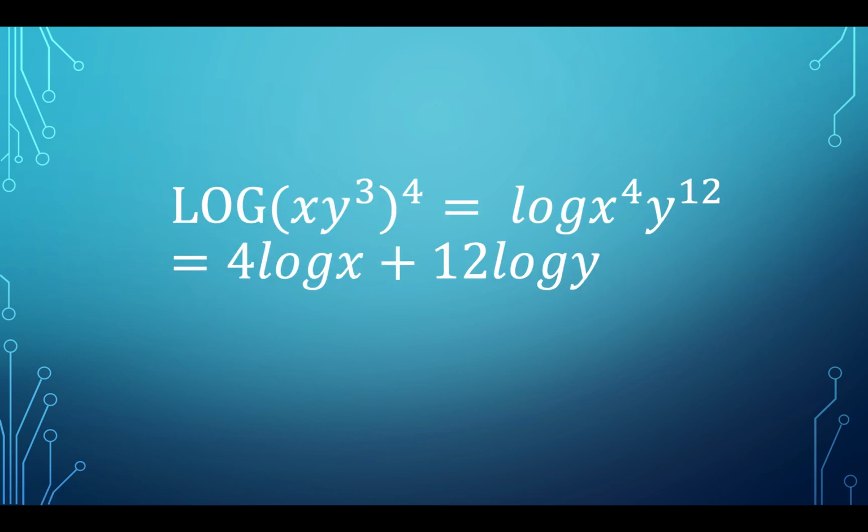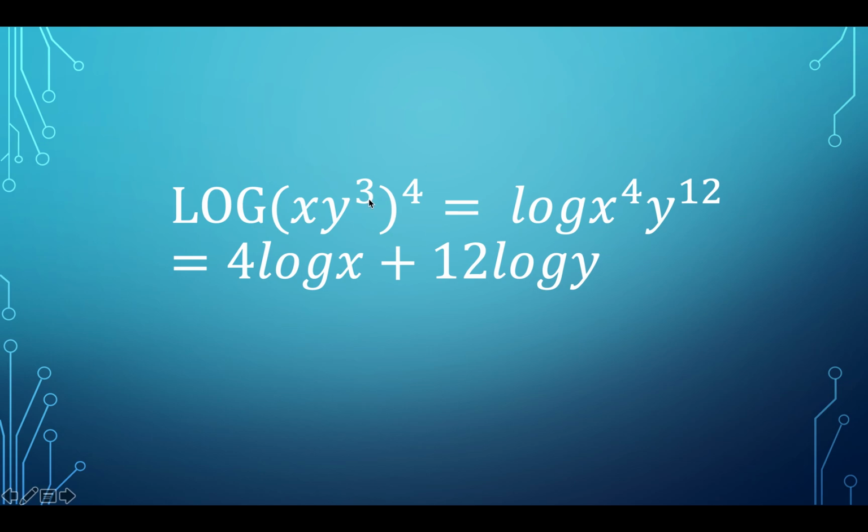Now, how about if we have log of x times y to the third, all to the fourth power? So if we remember the rule of exponents, when we have this to an exponent, we've got to distribute the fourth power down to each and every term in the parentheses. So we're going to be left with log x to the fourth times y to the 12th.